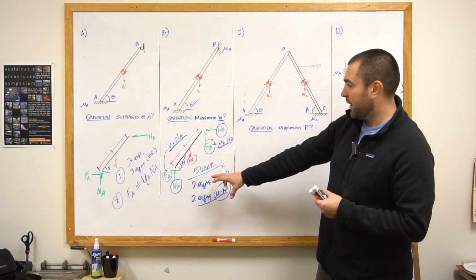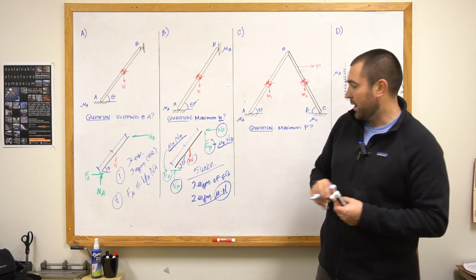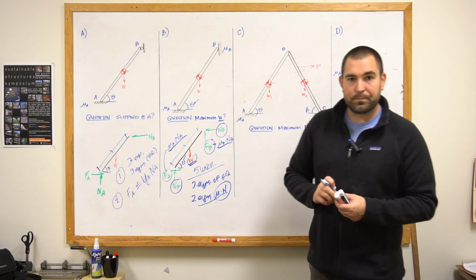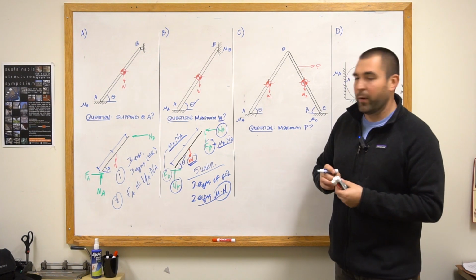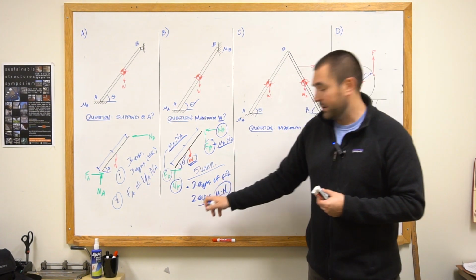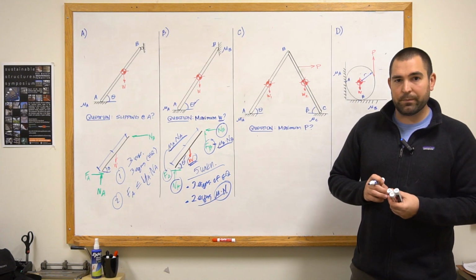Once we have that defined, then we can solve for all of the unknowns, and then eventually get back to the call of our question and solve for W. So it's all a matter of how many unknowns do I have, how many equations do I have. It's just that some of our equations will be due to statics, some of our equations will be due to the definition of Coulomb friction.